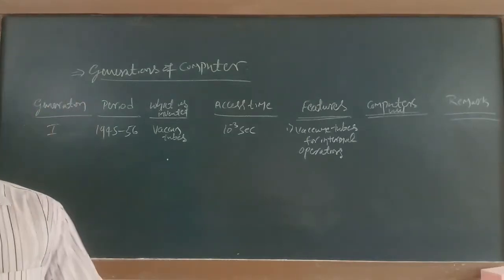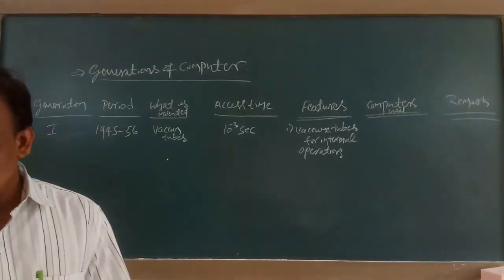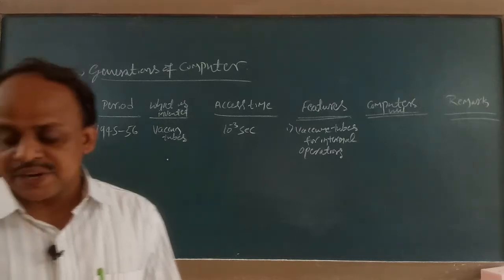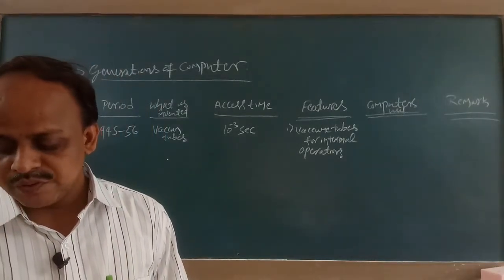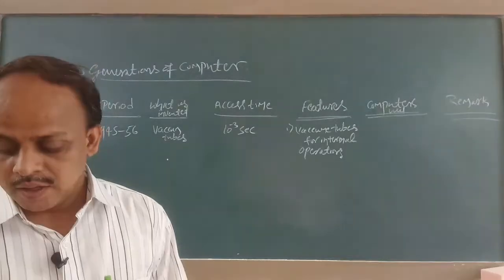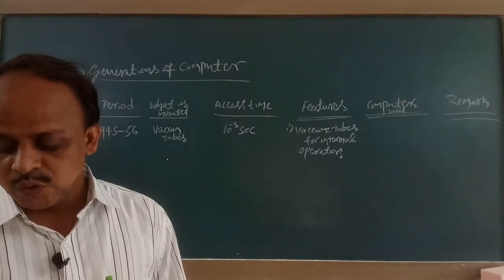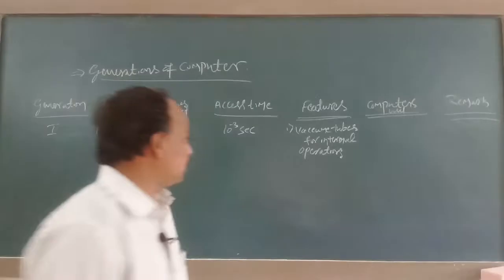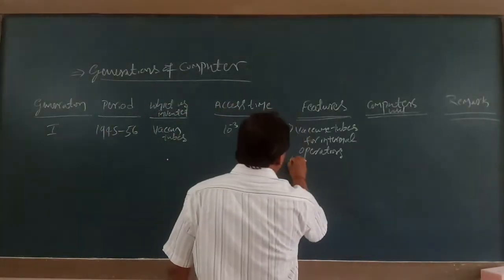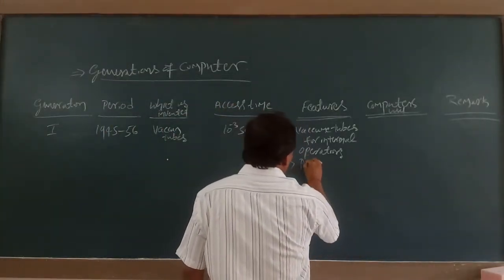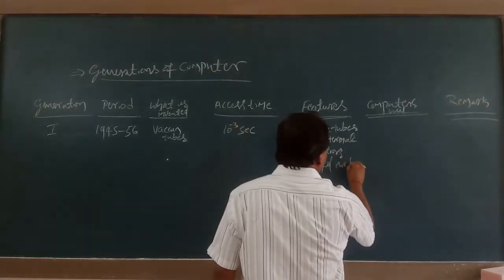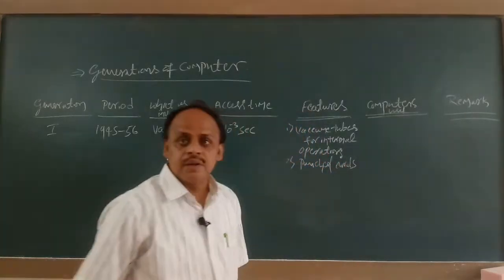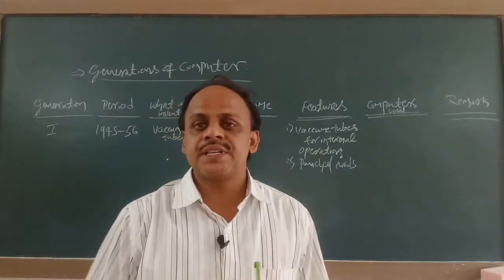He says vacuum tubes for internal operations, magnetic drums used for memory, and punched cards were used for input and output purpose.